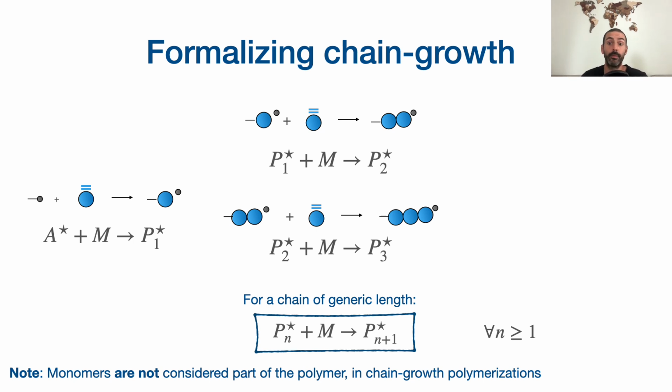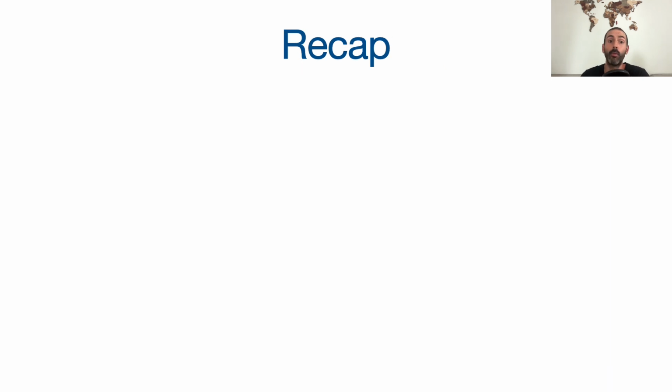This reacts with a monomer, M, again here, and forms a longer chain of length P of N plus 1, because of course we added a monomer here, still with the star that still indicates that it bears the active site. Okay? And again, N is an integer number, larger or equal to 1. Don't worry, because this formalism will accompany us in many of the next videos, so we will have a chance to have a look at it again, but now it's time for our recap.